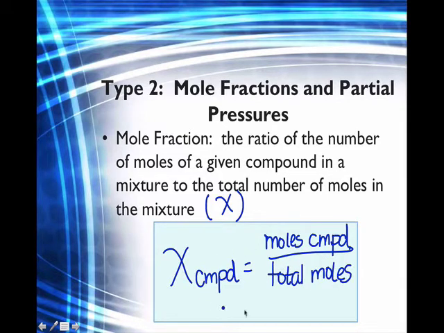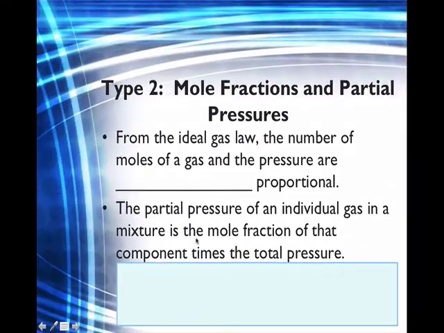We're going to use this because of the ideal gas law. We know that moles and partial pressure are directly related. From the ideal gas law, the number of moles of gas and the pressure are directly proportional. As one goes up, the other goes up. As you add more moles of a gas, the pressure is also going to increase.